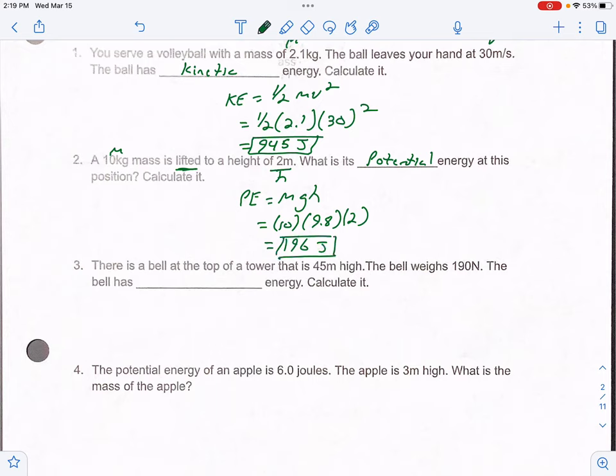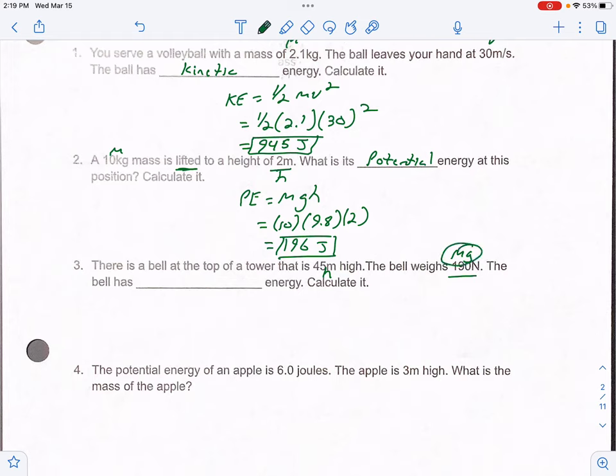Number 3, there's a ball at the top of a tower that is 45 meters high, so I gave you your height. The ball weighs 190 newtons. When I give you weight in newtons, that is basically just telling you what mass times gravity already was. If you wanted to find the mass, you could: you just divide 190 by that 9.8. But if I give it to you in newtons, it's basically doing that math for you.